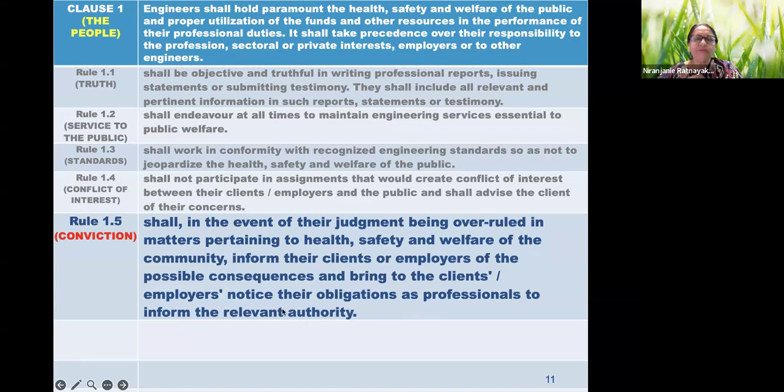So you must be convinced that what you are doing is actually not harmful to the public as well as to the client and the employer, right? So if you feel that there's something wrong in the design, or something wrong in whatever you're being asked to do, you must bring it to the notice of the employer or the client or whoever is being affected.